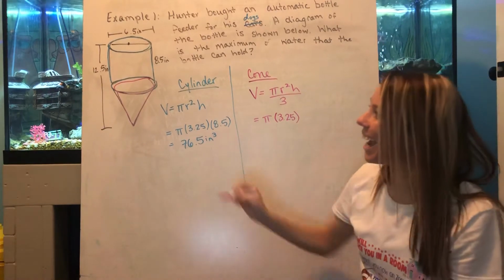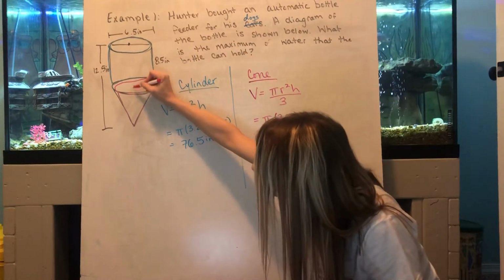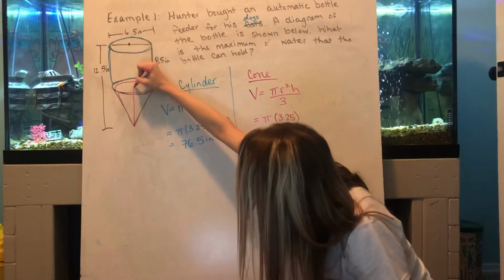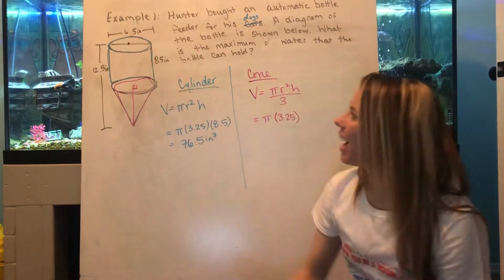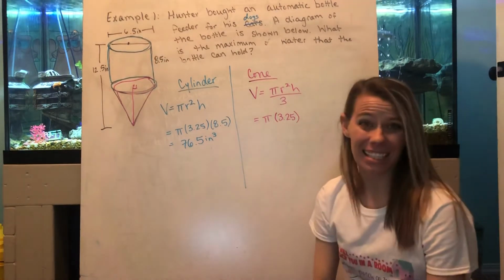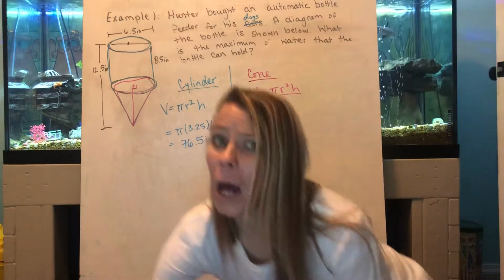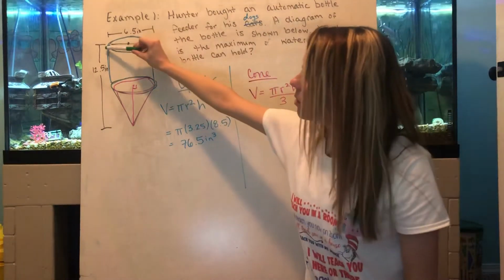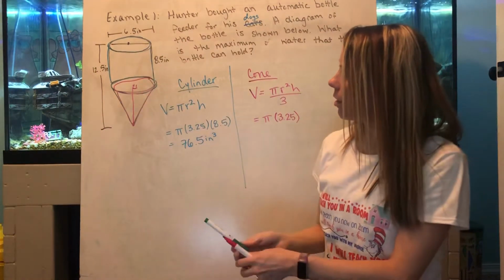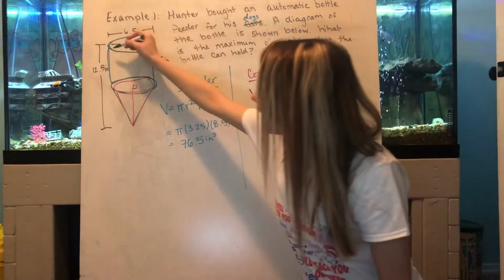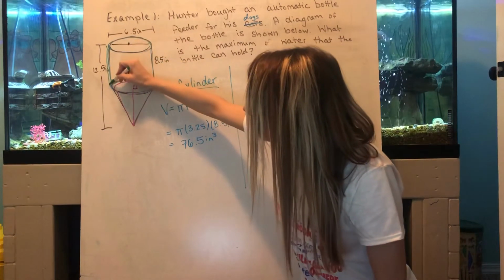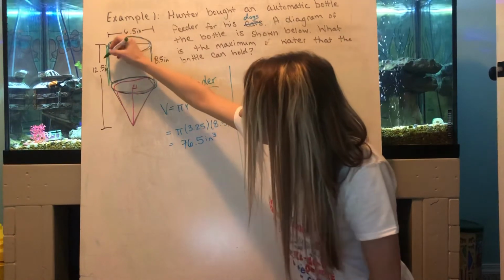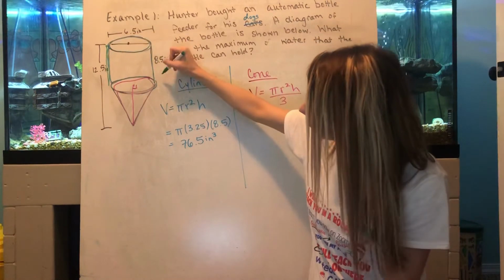And then the height of our cone, so from the tip straight up, I'm not given that distance, but I do know that the whole thing is 12.5, and this part of it right here, just the cylinder, is 8.5.